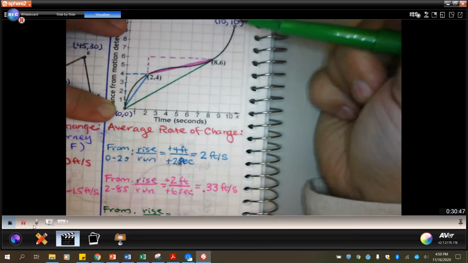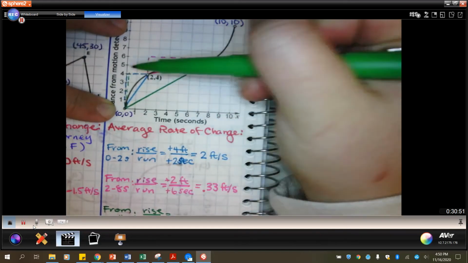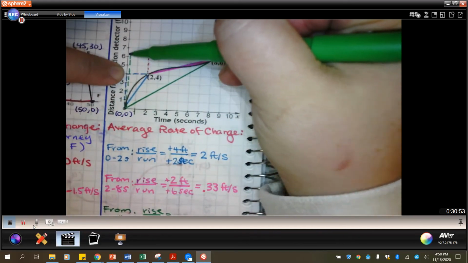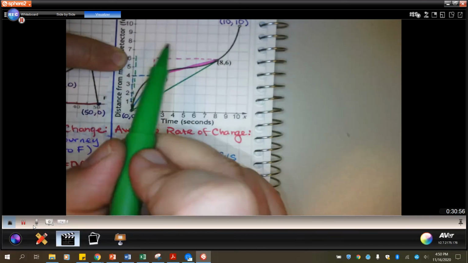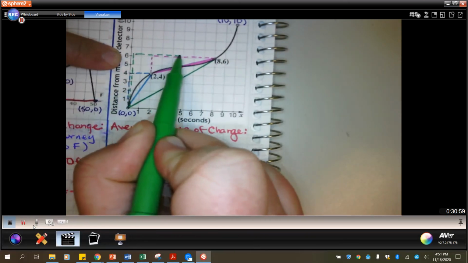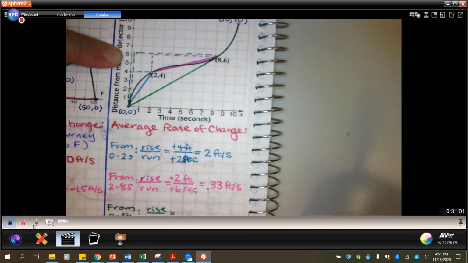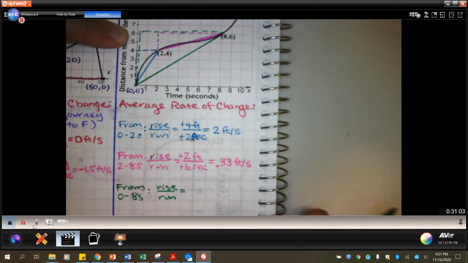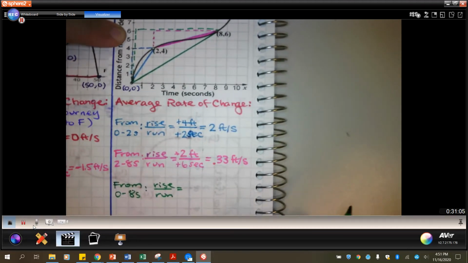If I'm looking at these, I've got to go up, up, up, up, up. I've got to go past that blue one and up to 6, so I went from 0 to 6, and then I'm going to go over. The reason I'm drawing it off to the side is that I don't want to go over the top of the thing. And we go over 8.